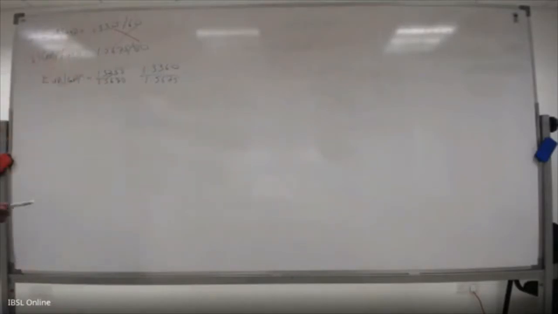So remember, if it's the same kind, you need to divide across. You will get 0.8517, 0.8526.